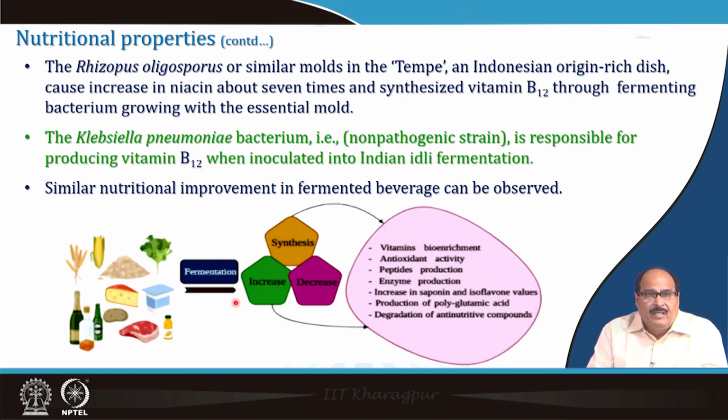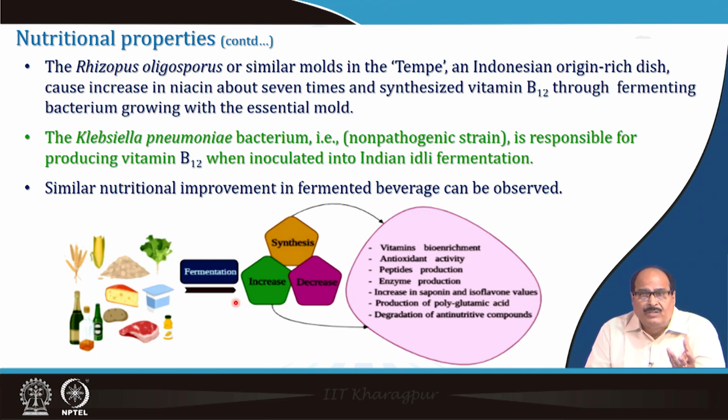Rhizopus oligosporus is a mold used in tempeh, which is a rich dish of Indonesian origin. It causes an increase in niacin of about 7 times, and vitamin B12 is synthesized through fermenting bacterial growth with the mold.